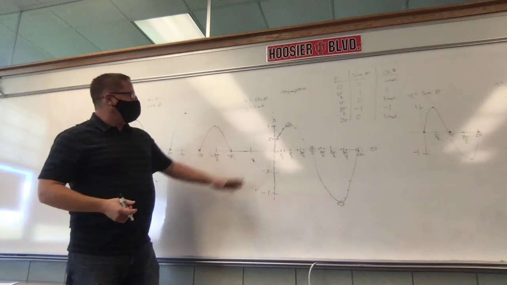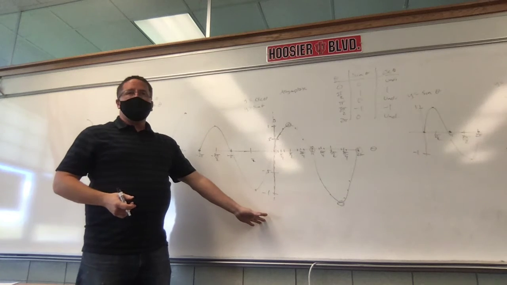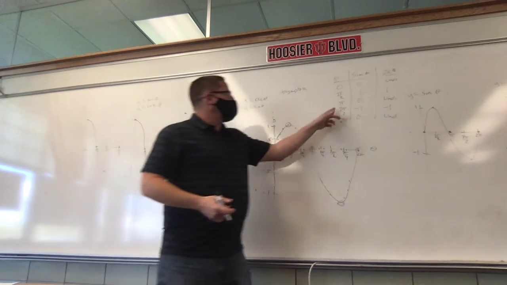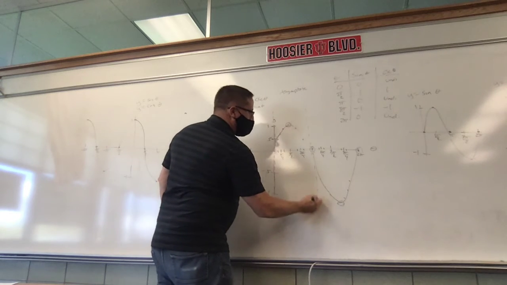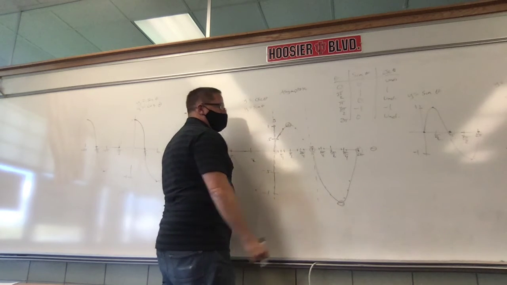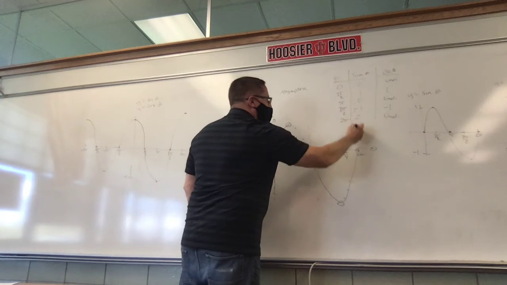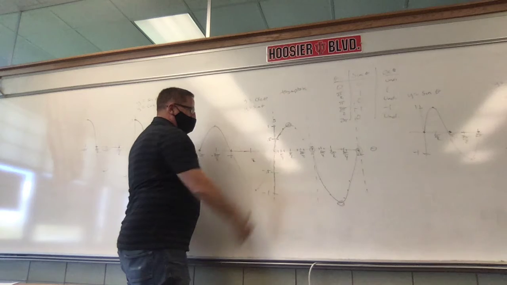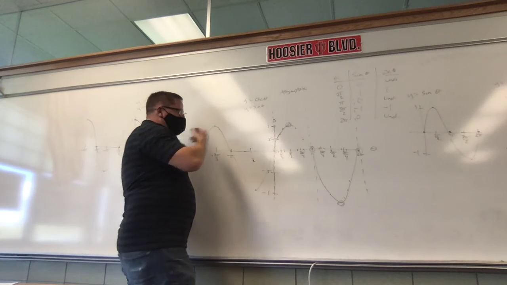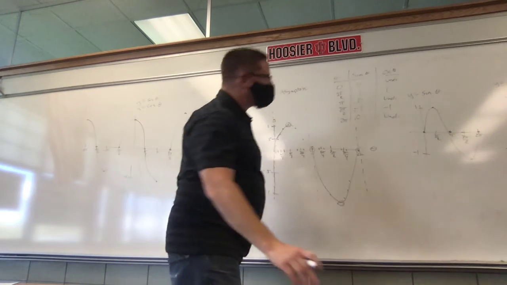Okay, so there's that vertical asymptote right here at 0. There's also going to be a vertical asymptote at pi. Wherever sine is 0, cosecant is undefined. We're also going to have an asymptote here at 2 pi. So do me a favor, on your little graphs here, draw a dotted vertical line through 0 and pi and 2 pi.